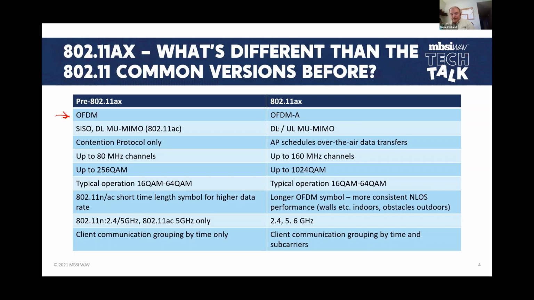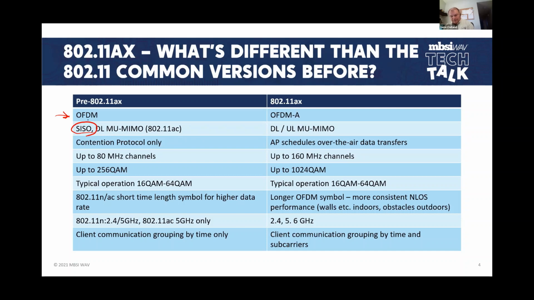In 802.11ac, base performance is single in, single out antennas, SISO. In downlink, there is an ability to use MU-MIMO, so that means we can talk to individual Wi-Fi clients together at the same time using different Wi-Fi streams.